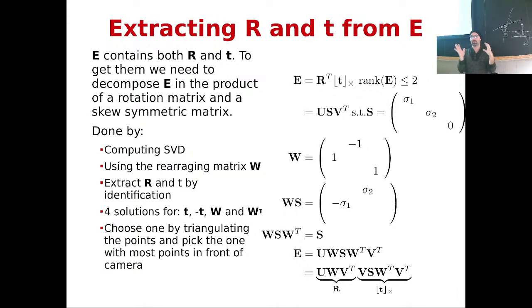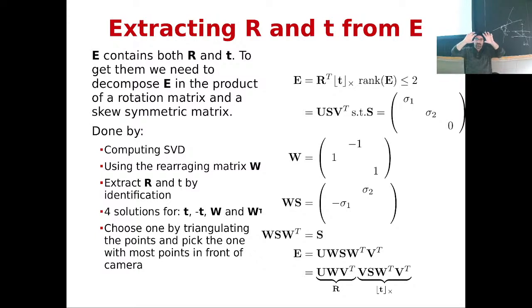This is called camera resection. And the answer is yes. Okay, now, given E, how could we extract the rotation matrix and the translation vector? Observe one thing, we will not be able to extract the true translation vector because of the configuration of the two cameras, right?